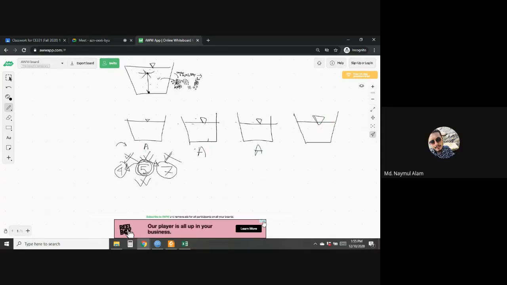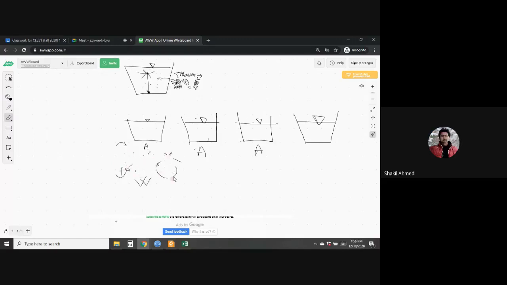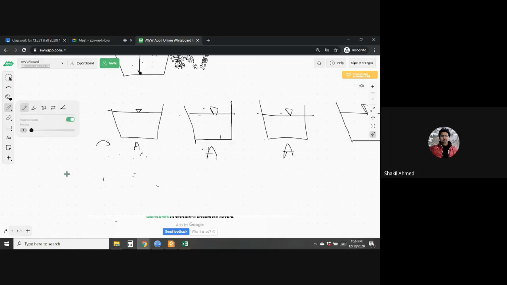Sir, what will be the problem if we add higher or lower in concentration? The thing is, I would have discussed it later, but since you have asked, I'll answer it now. First of all, if you give less than what is required, then your removal or treatment of water will not be sufficient, because you needed 5 and you gave 4, right?